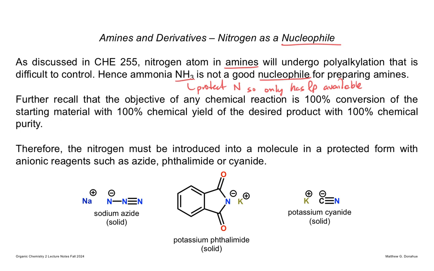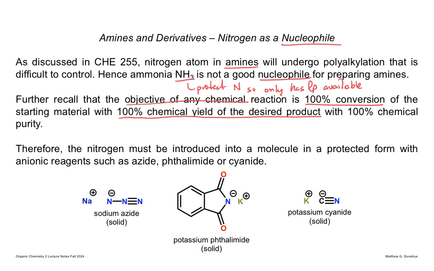So our objective of running any chemical reaction is to get 100% conversion of the starting material to 100% chemical yield of the product. So when we introduce nitrogen into the molecule, there's 3 ways we can do it.